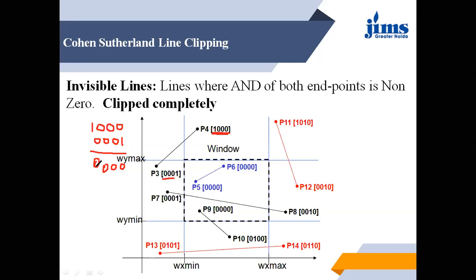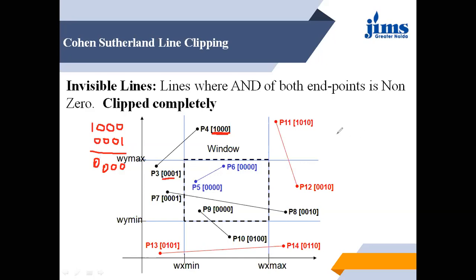So when we are performing an AND operation and the value is non-zero, in that case the line is completely outside the window.